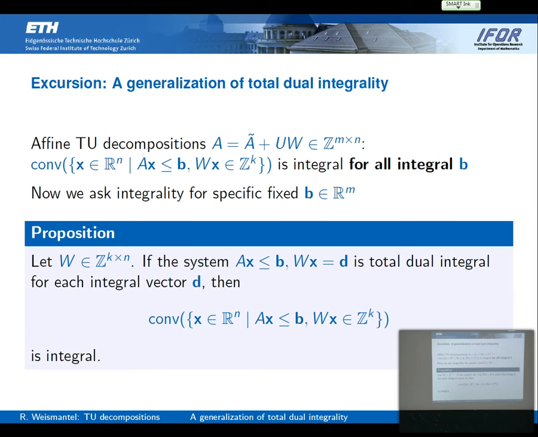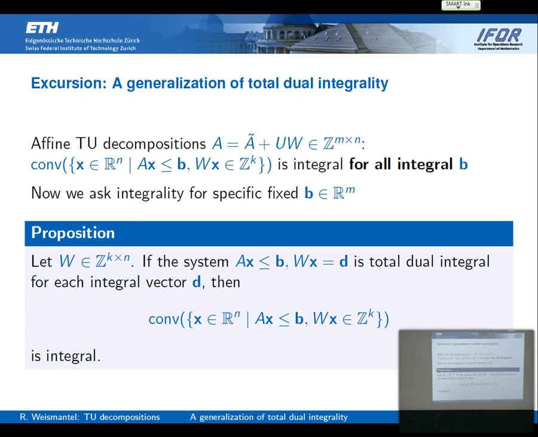And in this case, you request that the system AX less or equal to B, for the given B, WX equals D is a TDI system for each integral vector D. So here you need, for each integral vector D, AX less or equal to B is the given fixed system. And in this case, you can also see that the convex hull of the corresponding WX in Z^k relaxation turns out to be integral.